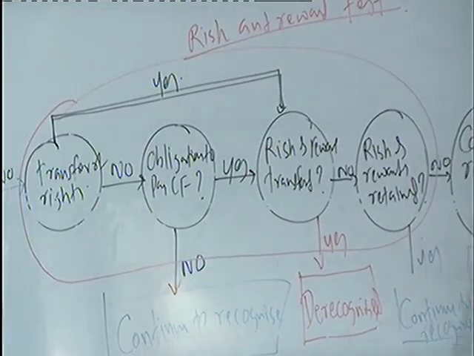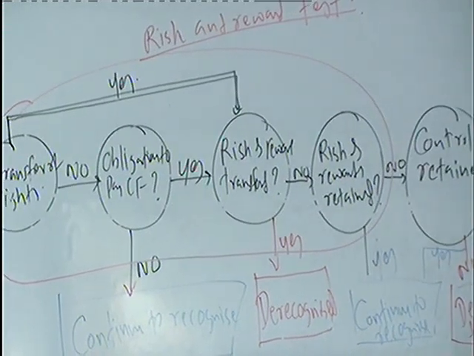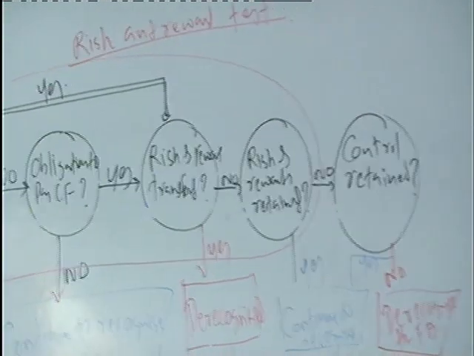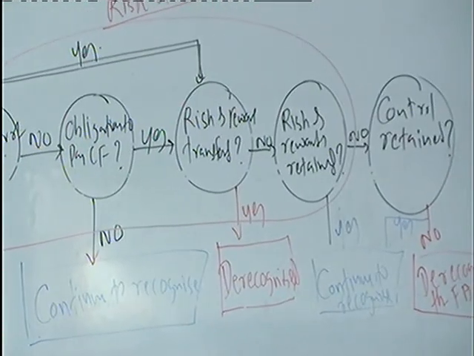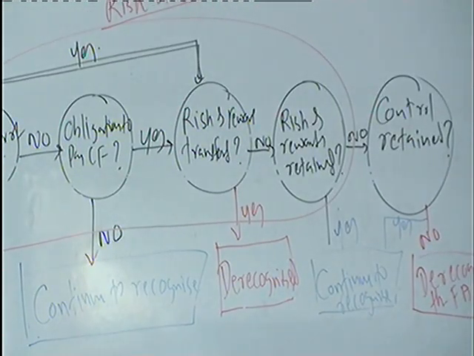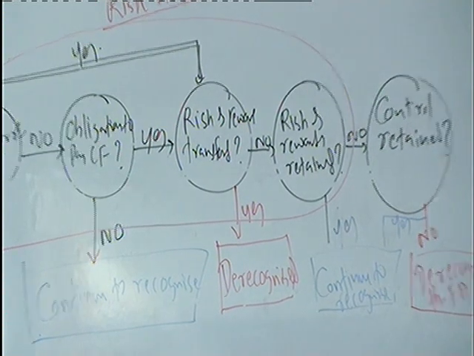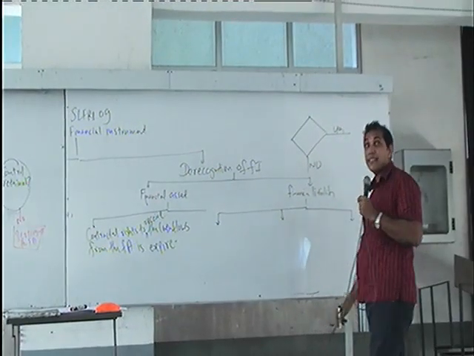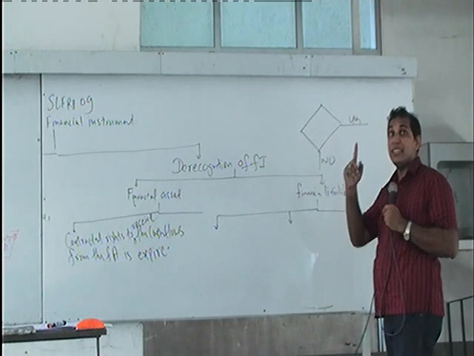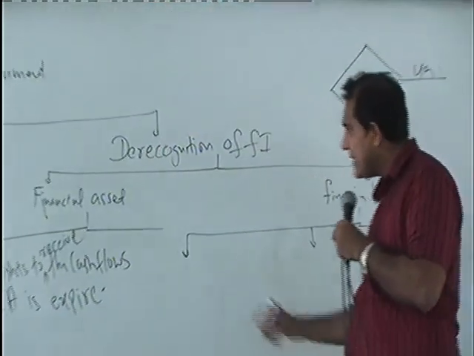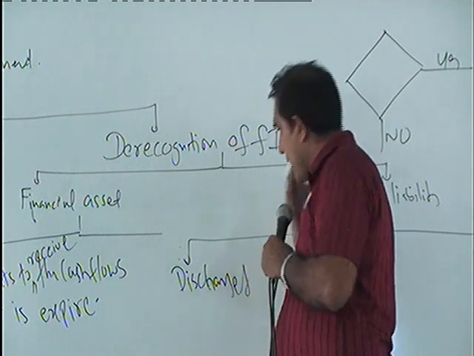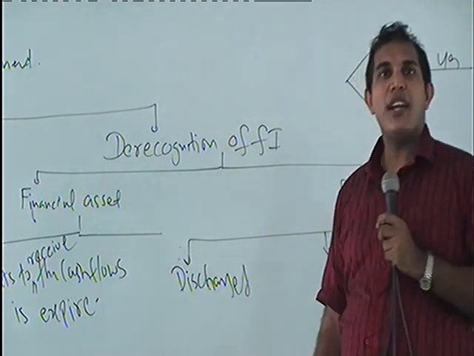Okay. Now, financial liability. Financial liability is not complex, very simple when compared with financial asset. There are 3 circumstances where financial liability is derecognized. First one, discharge. Now, suppose you are in a hospital.